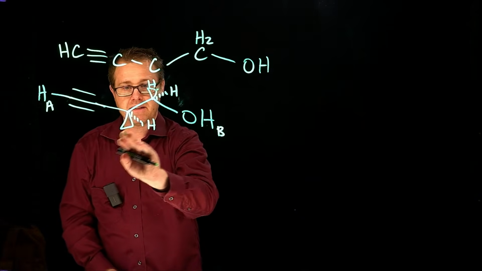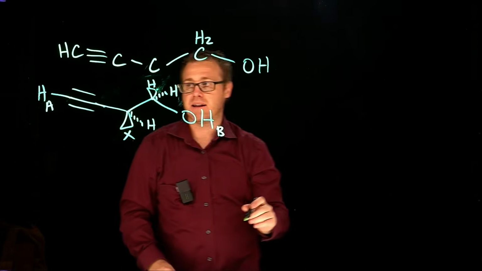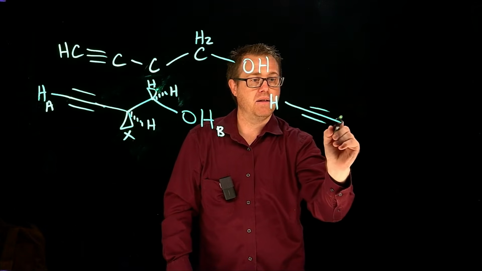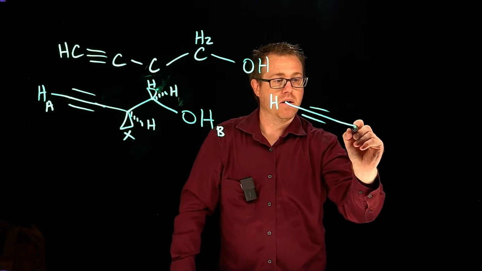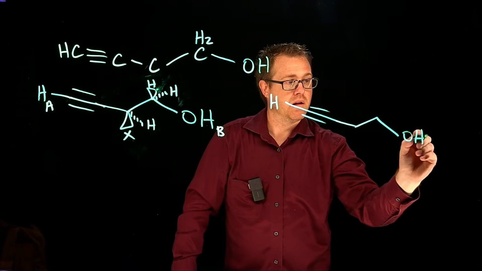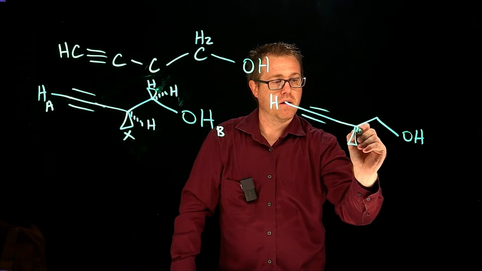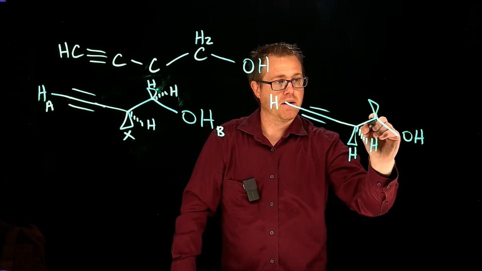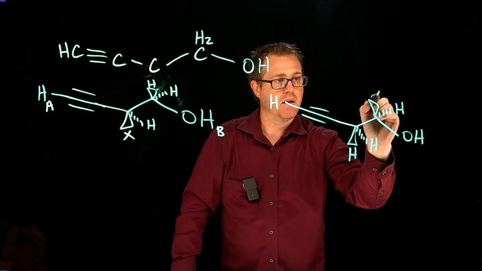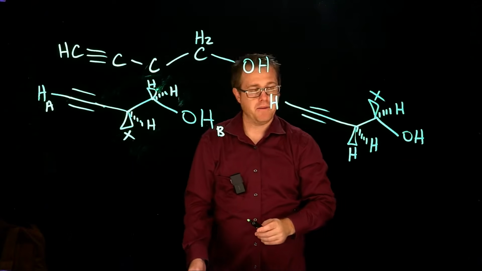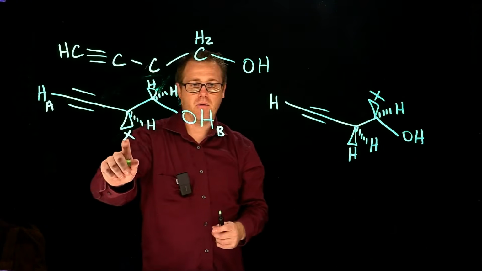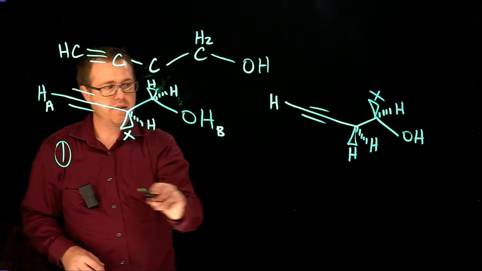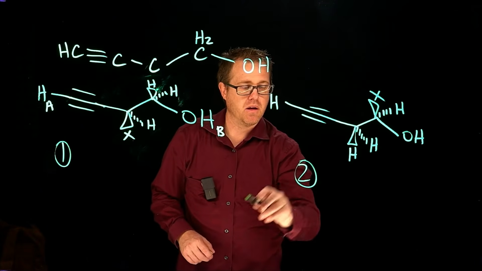Well, we do the replacement test, take one of them and replace it with an X, and then draw the molecule again. So we place that back like that, okay? So now we'll call this molecule number 1 and this molecule number 2.